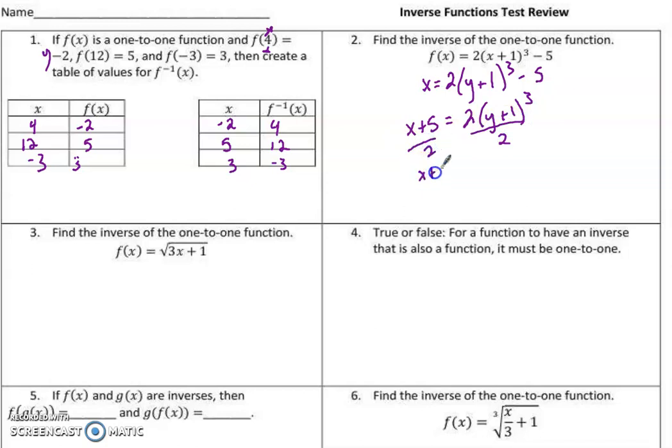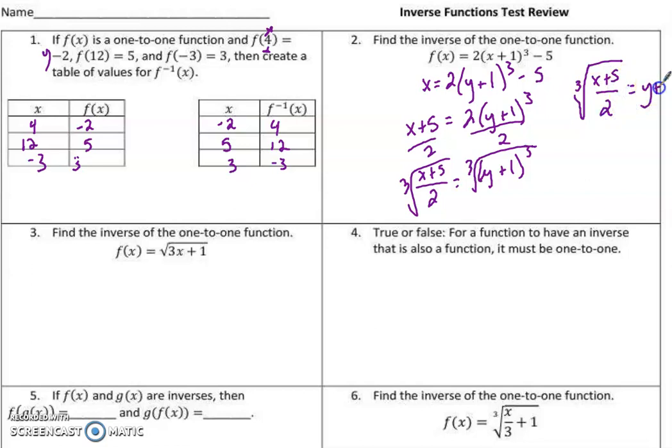So (x plus 5) over 2 equals (y plus 1) cubed. Now to get rid of that cube, I'm going to take the cube root of both sides. So what I've got now is the cube root of (x plus 5) over 2 equals y plus 1.